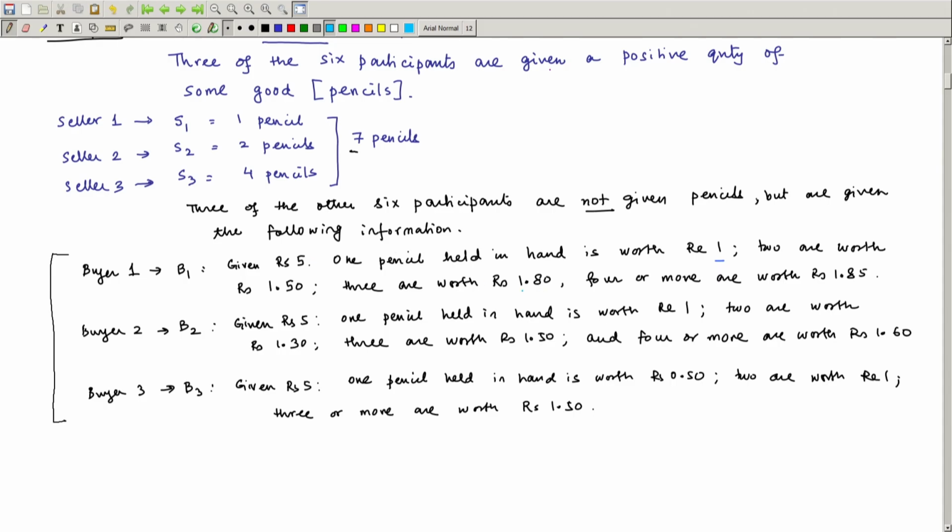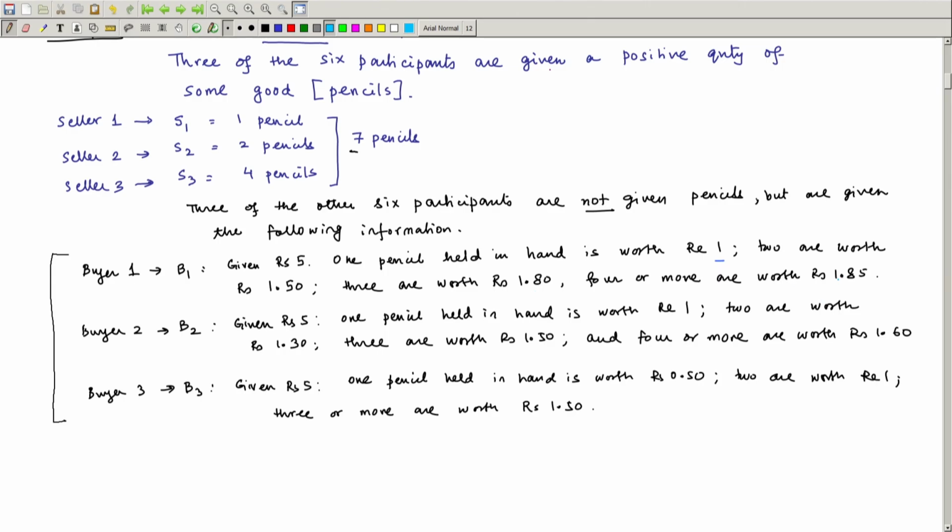What about 3 pencils? Well, they are worth 1.8, but each pencil costs 0.9 to the buyer. So, he pays 3 times 0.9, which is 2.7, and they are worth 1.8. So, notice his net gain is 1.8 minus 2.7, which is minus 0.9, but more importantly it is going to be negative.